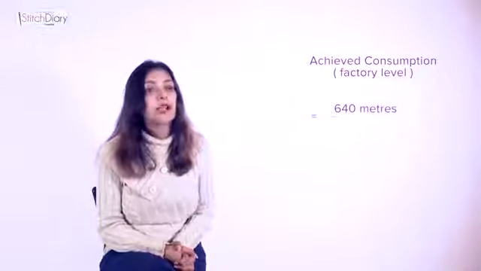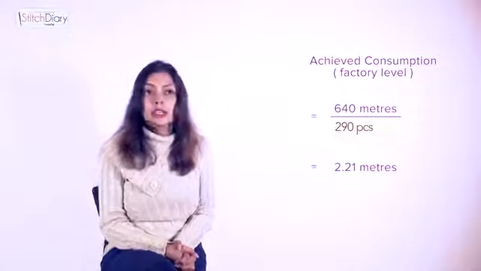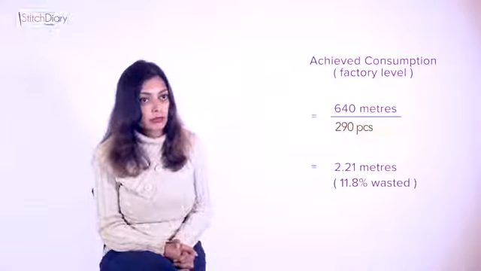So, the achieved consumption for the factory would be 640 meters divided by 290, which is 2.21 meters. So, in this order, the factory wasted 11.8%.